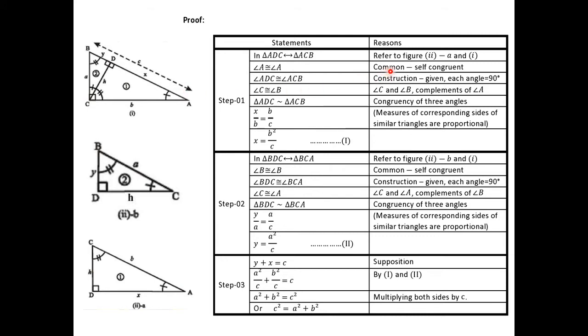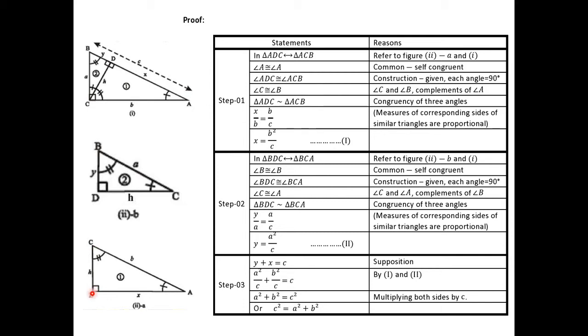The reason is common or self-congruent. Angle ADC is congruent to angle ACB. ACB means angle C and angle ADC means angle D.